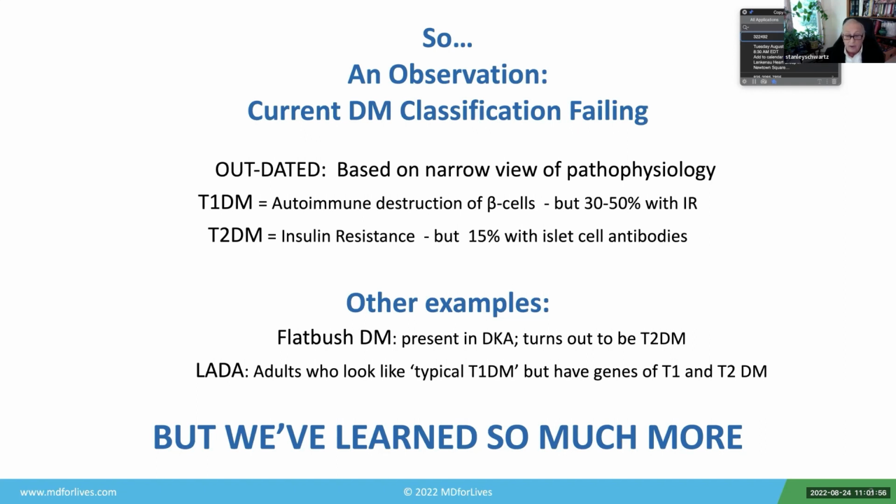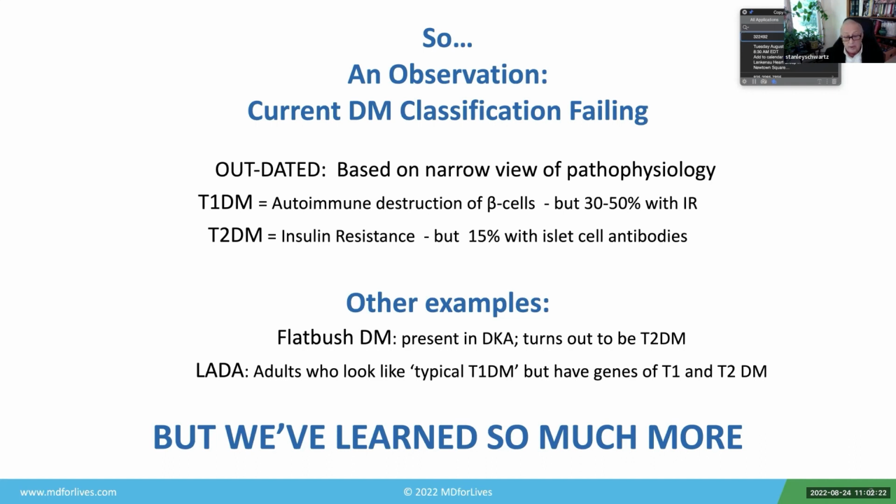Fine, correct, but 30 to 50% of patients with type 1 diabetes also have insulin resistance. Type 2 diabetes is felt to be insulin resistance related, but 15, maybe even 20% of patients with type 2 diabetes have islet cell antibodies, typical of autoimmune destruction of beta cells.